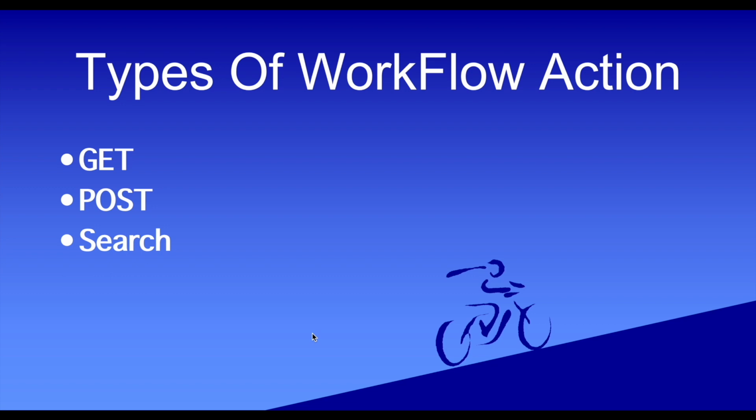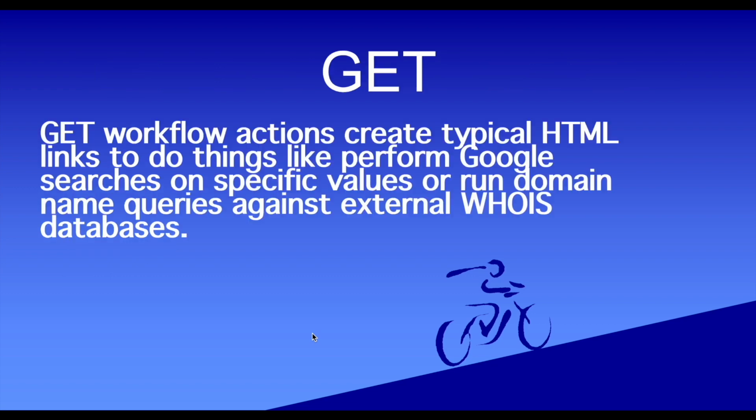There are three types of workflow actions: get, post, and search. A get workflow action creates a typical HTML link to do things like perform a Google search on a specific value, or run a domain name query against an external WHOIS database, which we have seen in the demo.